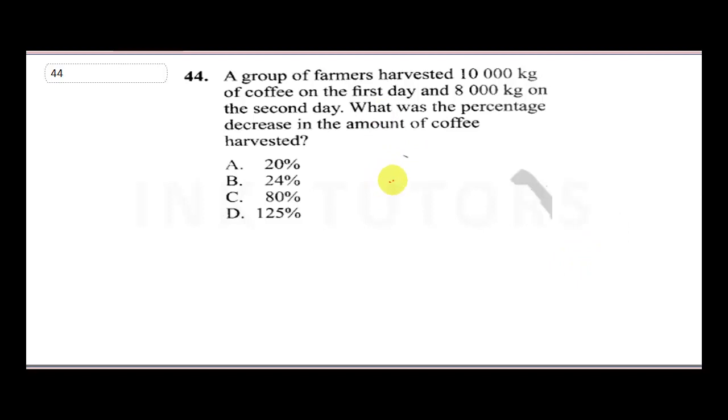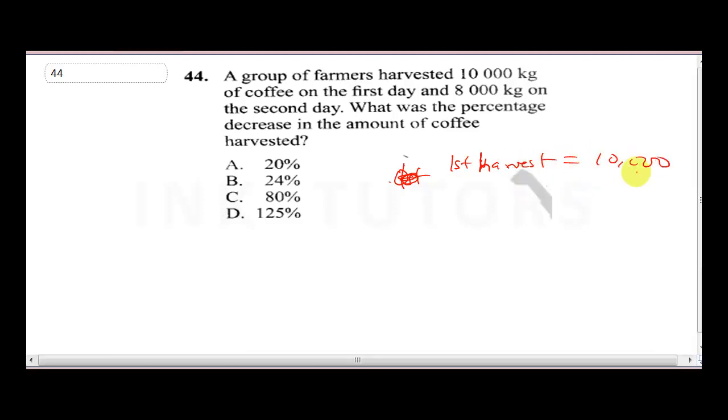The first thing you need to know is that originally the first harvest was 10,000, which was their original harvest. Then on the second day, second harvest, there was a decrease, which is 8,000. So the decrease was actually 10,000 minus 8,000, that's 2,000.